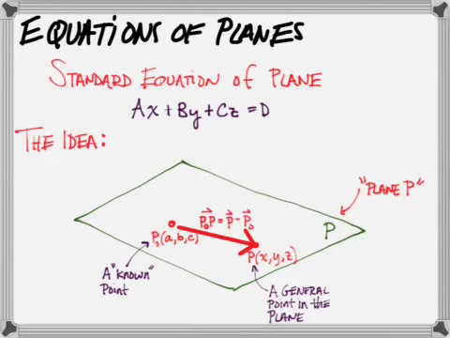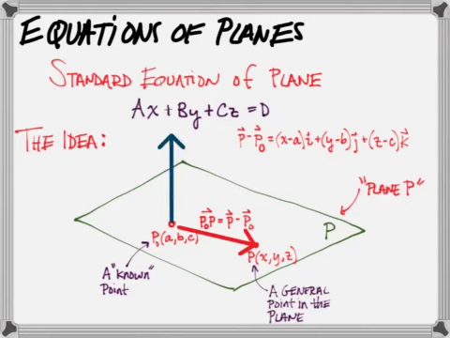And then we're going to use our dot product to figure out a value that this is going to be equal to. So if we subtract our ordered triples, P minus P naught gives us quantity x minus a i plus quantity y minus b j plus quantity z minus c k. Now what we need is another vector.